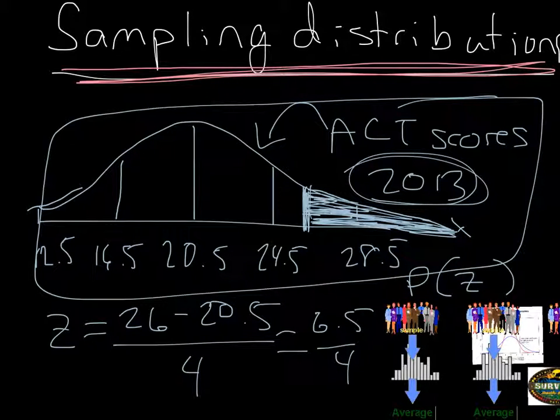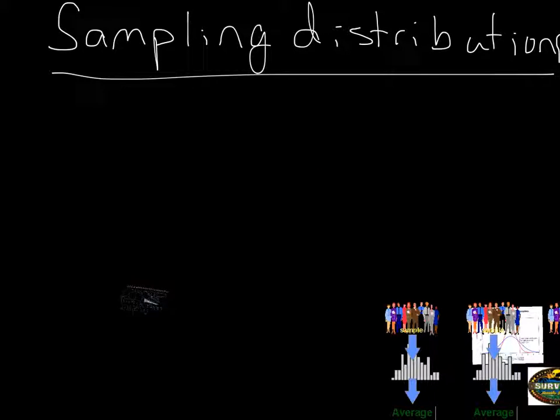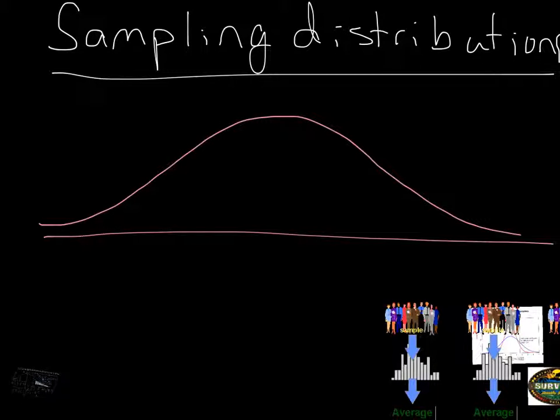Now what the sampling distribution does is, instead of you dealing with these things individually, you now are going to start dealing with them in groups, or in samples. So now instead of looking at the ACT scores in the distribution, let's say this is it again, and the mean is 20.5.